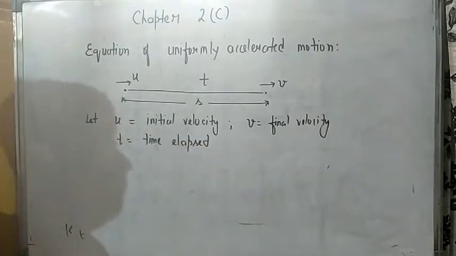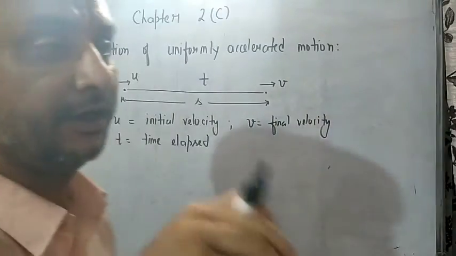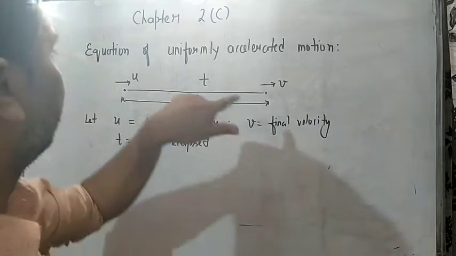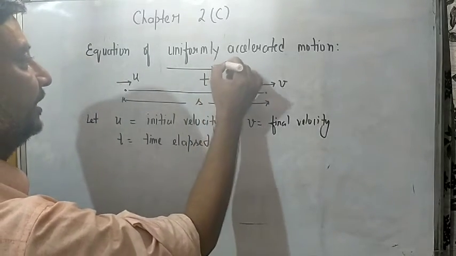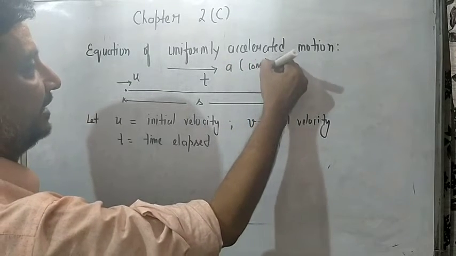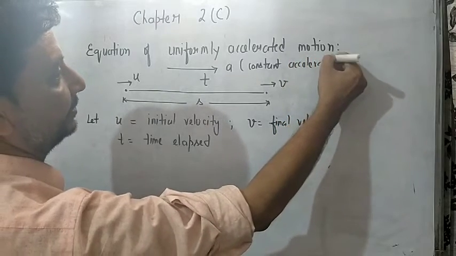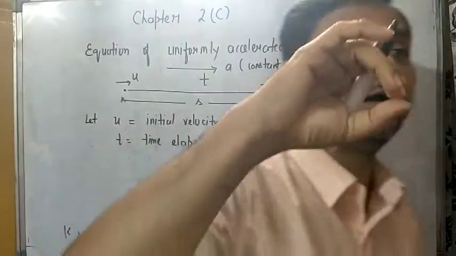Since velocity is changing, there must be acceleration. If the rate of change of velocity is constant, then you will say a is constant. That is, a constant acceleration is acting if velocity is increasing continuously at the same rate.